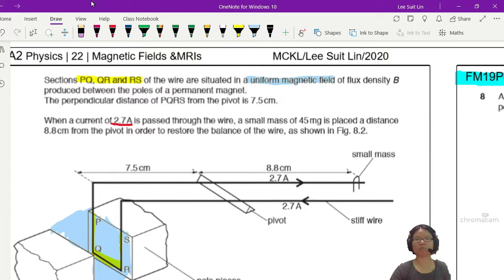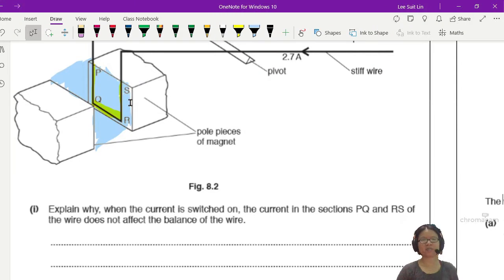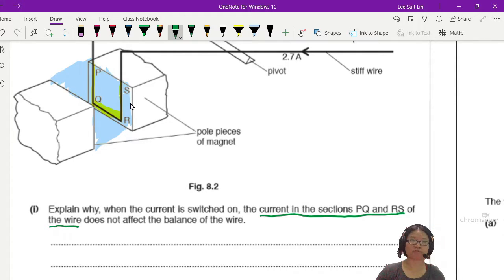So now, explain why when the current is switched on, the current in the sections P, Q, and RS of the wire does not affect the balance of the wire.